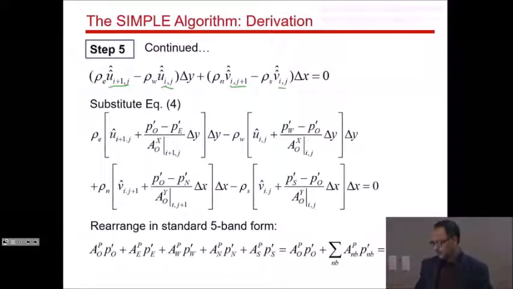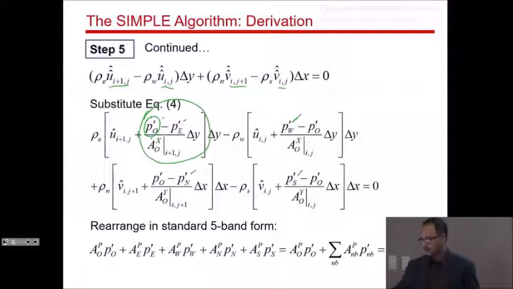All right. Now we rearrange this in standard 5-band form. So you see there is a P prime P, P prime east, P prime west, P prime south, P prime north, and so on. And now we rewrite that using this form. When you do that, you see that, for example, this term will contribute one to the diagonal and one to the eastern coefficient. This term will contribute to the western coefficient, one to the diagonal.